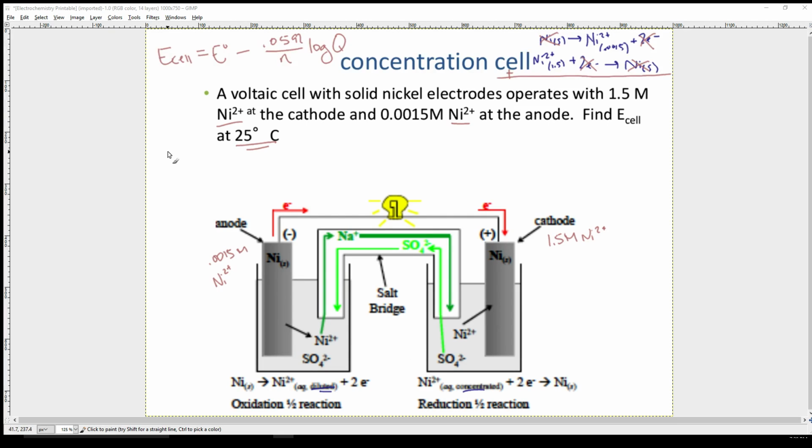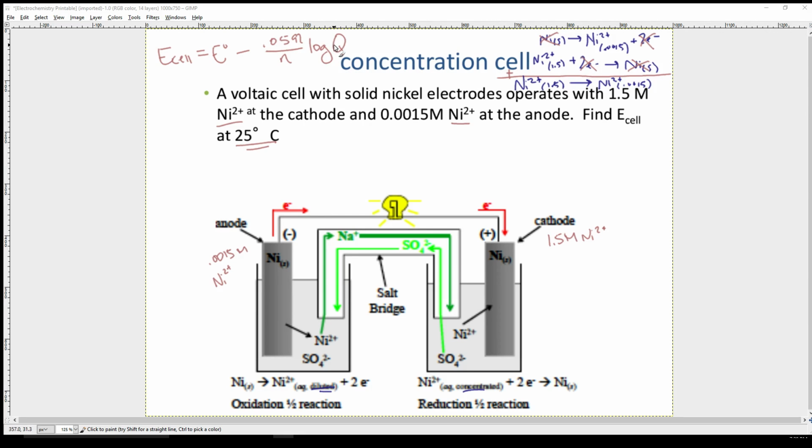I will have Ni2 plus, 1.5, that's what its concentration is, reacts to form Ni2 plus, and this one is 0.0015.